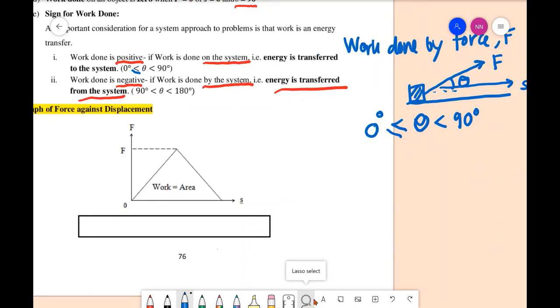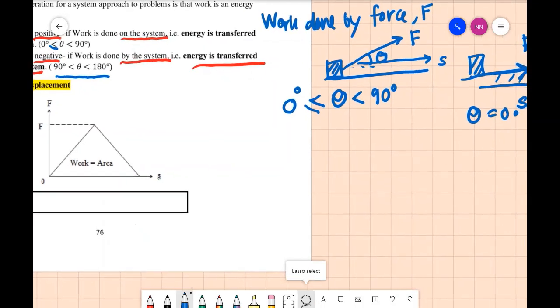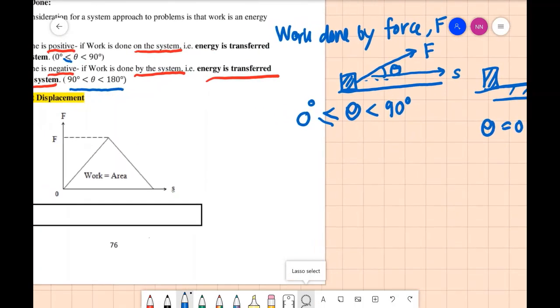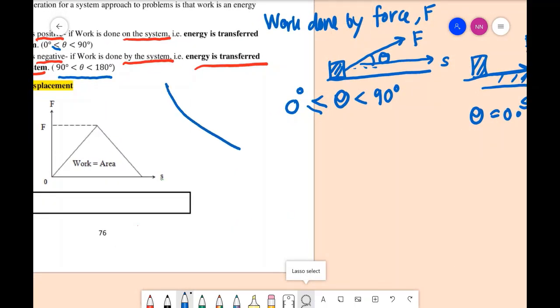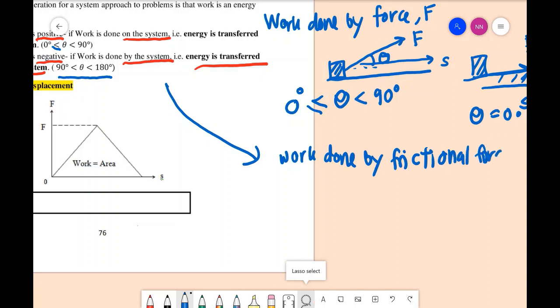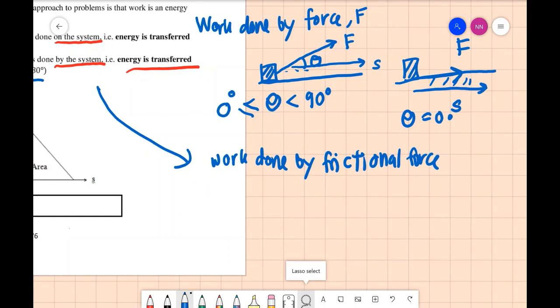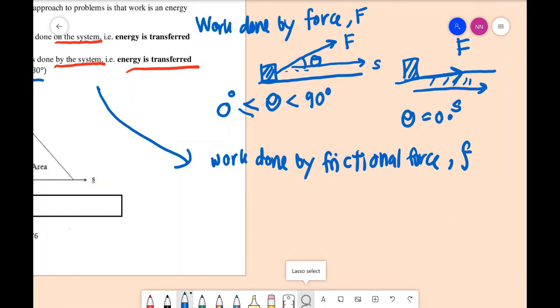How about when work done is negative? The angle theta is less than 180 degrees and greater than 90 degrees. An example is work done by the frictional force, small f.